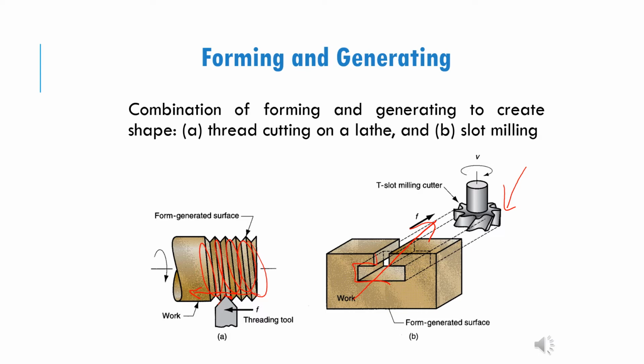So the shape of the milled part is determined by the shape of the tool, but due to the movement of the tool along the side, all the parts can be created. Okay, so those are the examples of forming and generating processes.